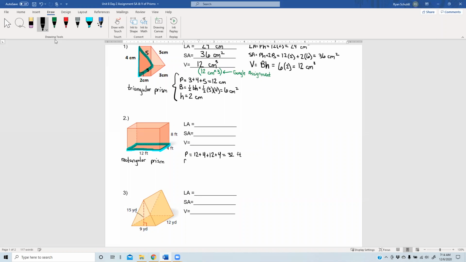Then I need area of my base. So 12 times 4 is 48 feet squared. And then I need the height of the prism. This is the number that we seem to have forgotten about until now. It's this 8 up here. 8 feet.